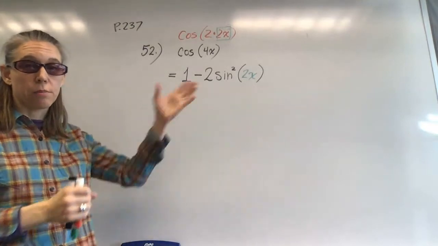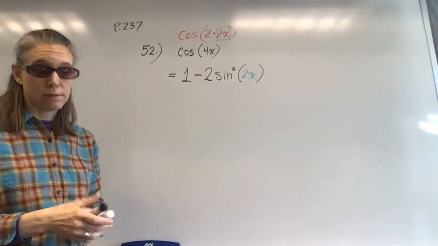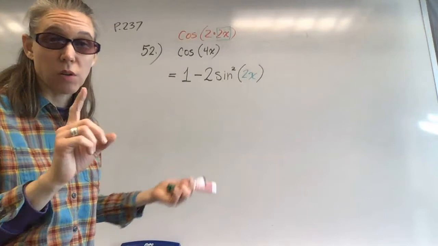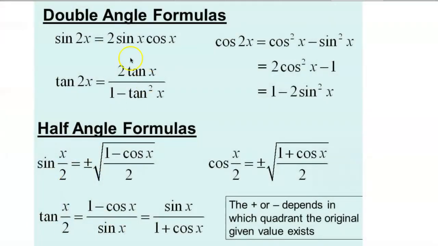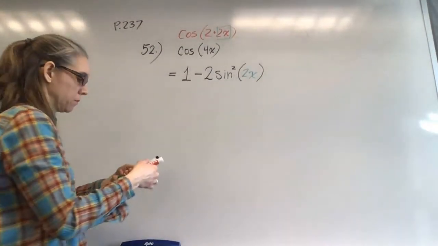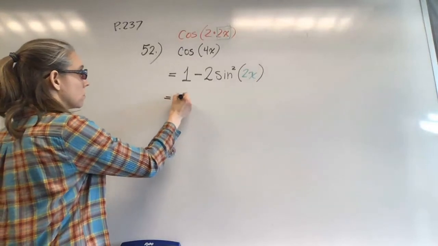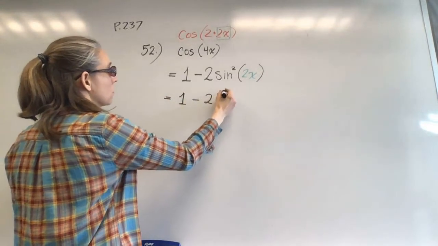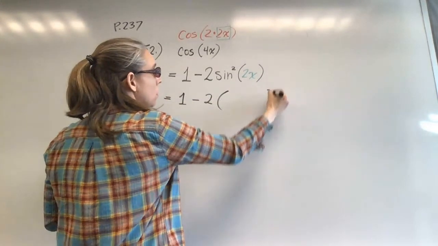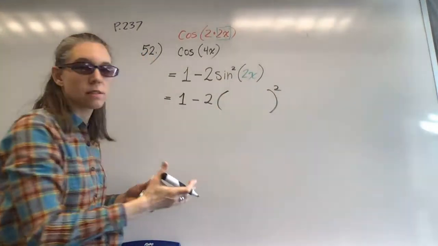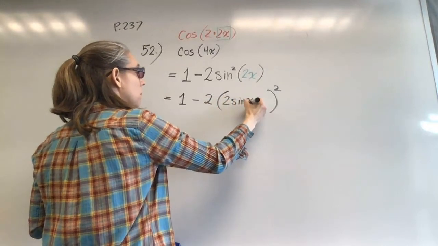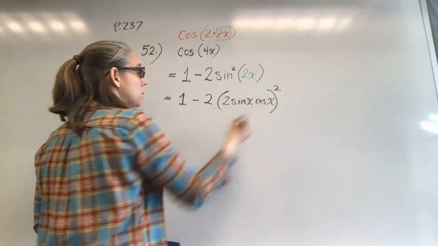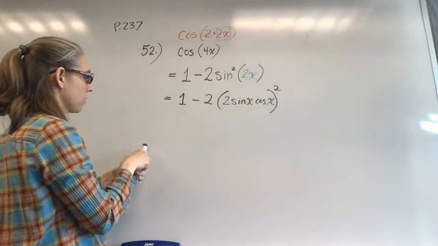So now I got to replace sine of 2x with one of, well, there's only one formula for sine of 2x, and that formula is 2 sine x cos x. This whole sine of 2x is being squared. And now we can further simplify this.